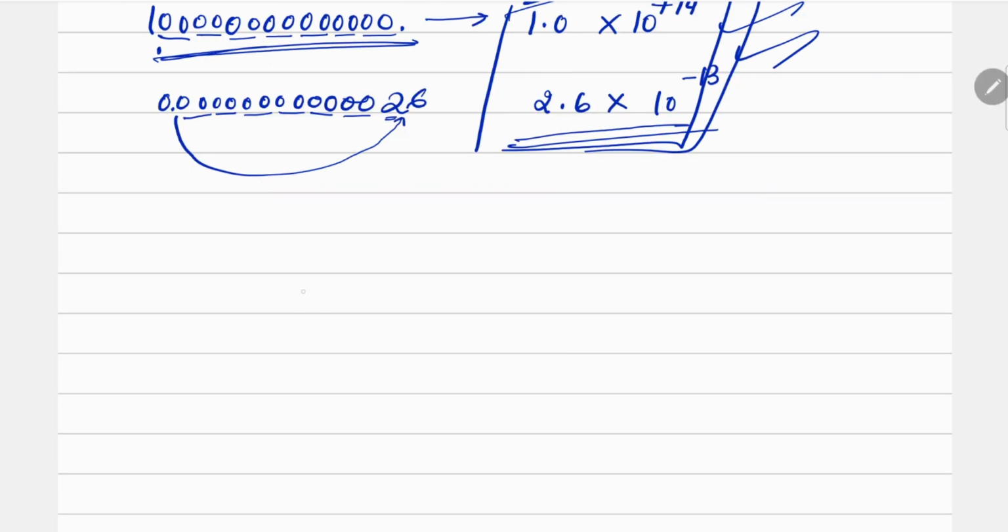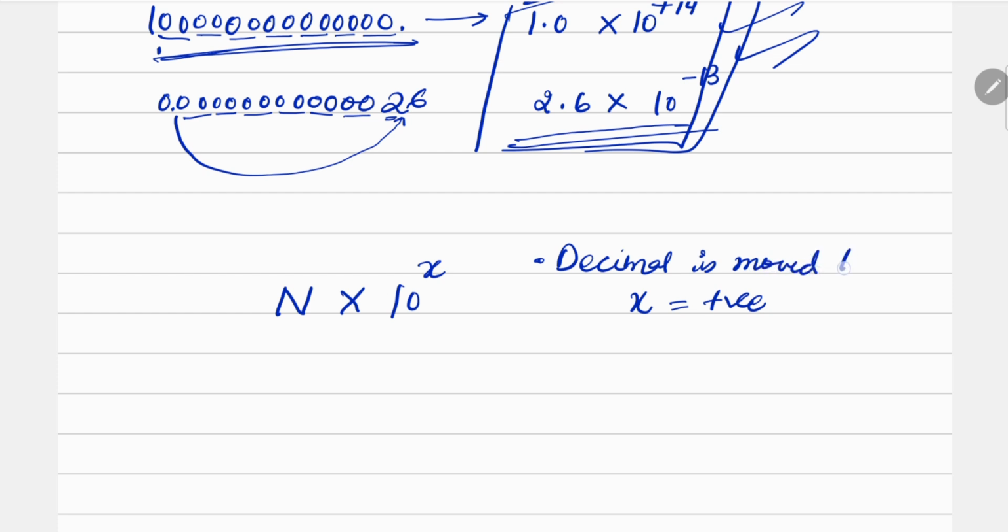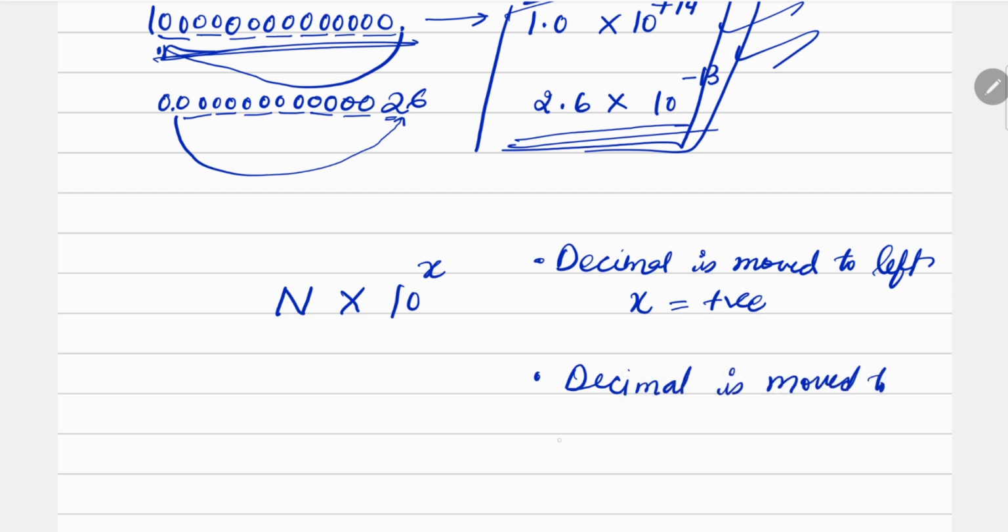You should remember one thing: n into 10 to the power x. Suppose x is positive when the decimal is moved from right to left. If the decimal is moved to the right, see over here we have moved to the right, then the x power is negative.